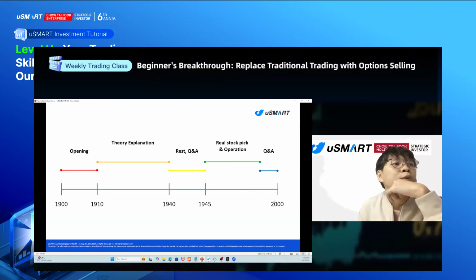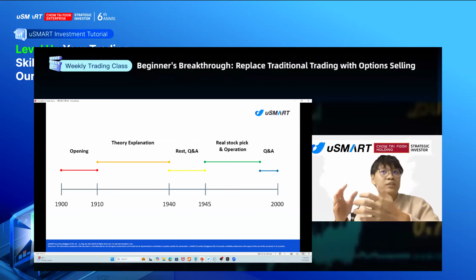If you guys have no problem, then we'll start on the theory explanation first. If you are a total beginner, please bear with us throughout the whole theory explanation section. Or if you are an expert already, maybe you can see from a different angle and understand options in a different way.